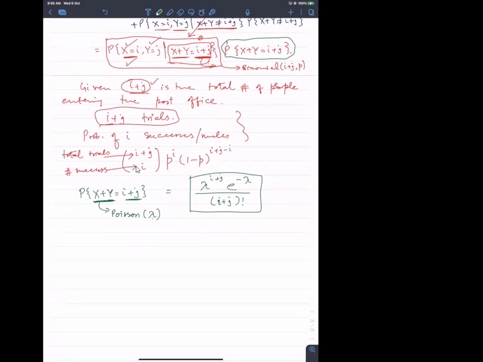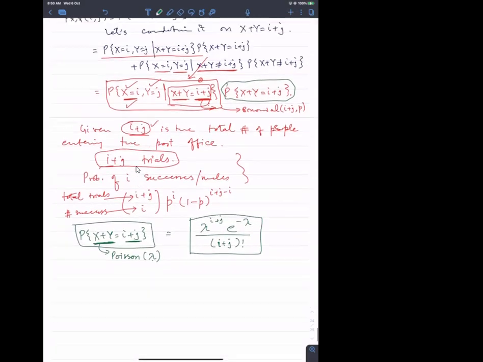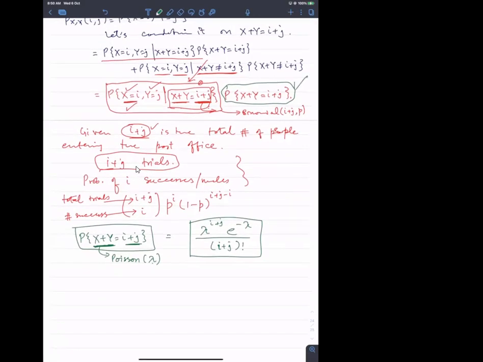Therefore, now I have found this green guy here, and we have also found this red guy, which is the binomial distribution.